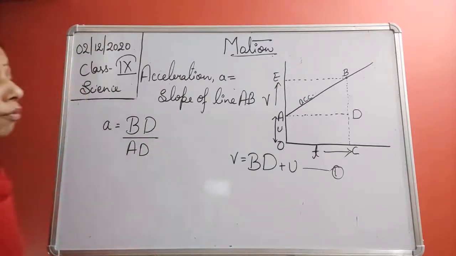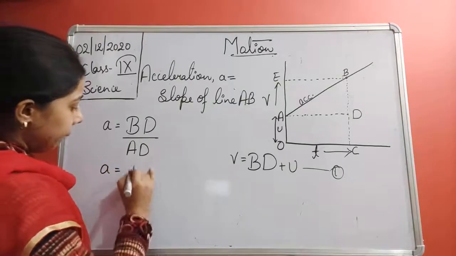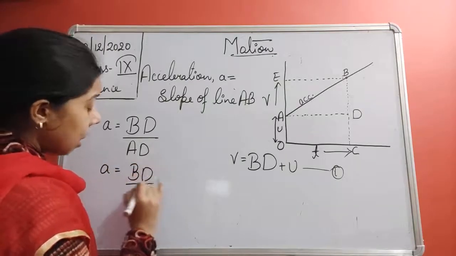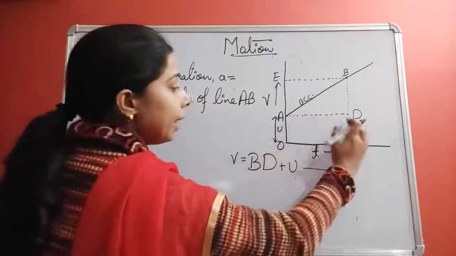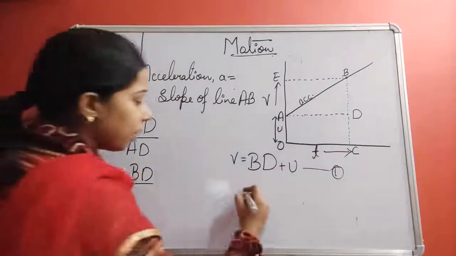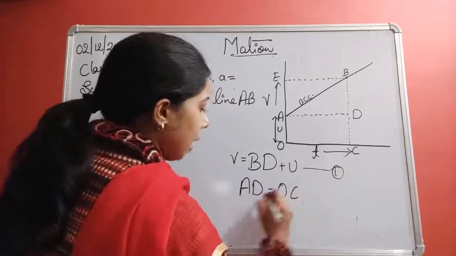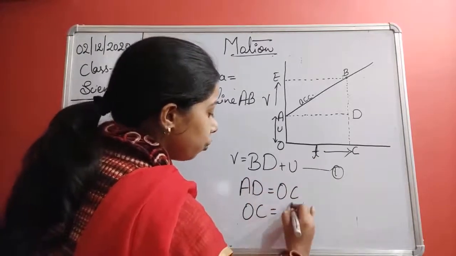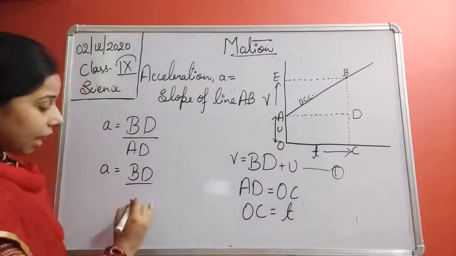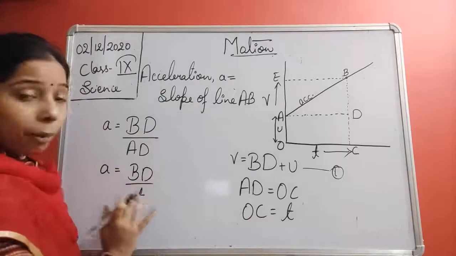Now it is easy to find the value of BD also. So you see here A is equal to BD upon AD. Now AD is equal to OC, and OC is equal to t. So in place of that, we can write A is equal to BD upon t.